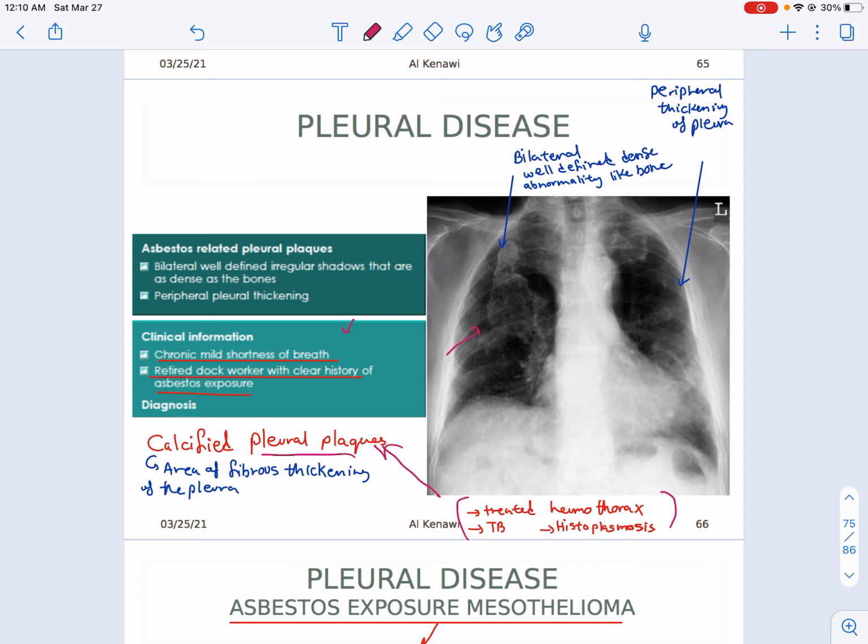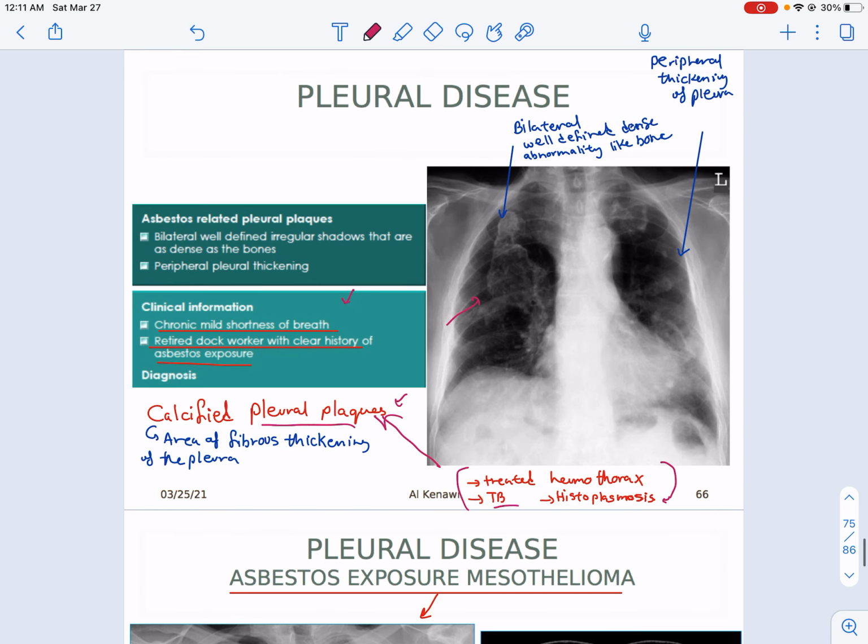We see it if, for example, the patient was treated for hemothorax, TB or histoplasmosis; all of these are differential diagnoses. We can also see the same sign for the calcified pleural plaque here. So it's very important to know the history.